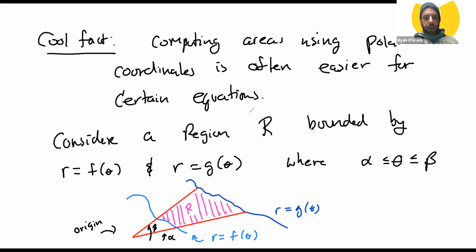And so it turns out there's a very simple formula for this. The area is the integral from alpha to beta of, well, what's the area of a circle? Pi r squared.